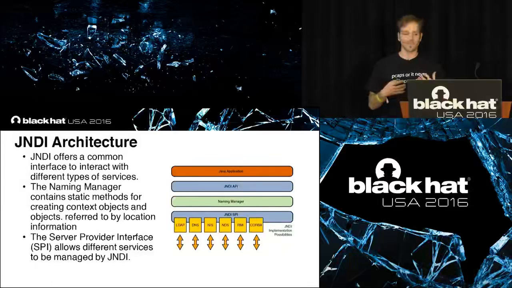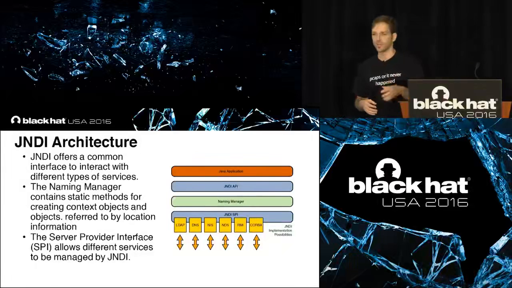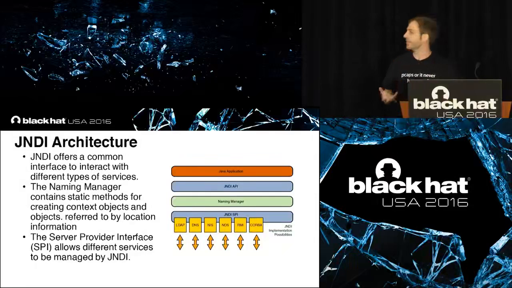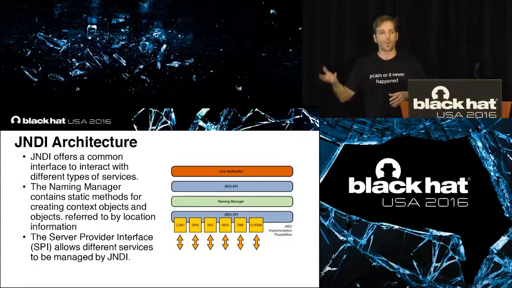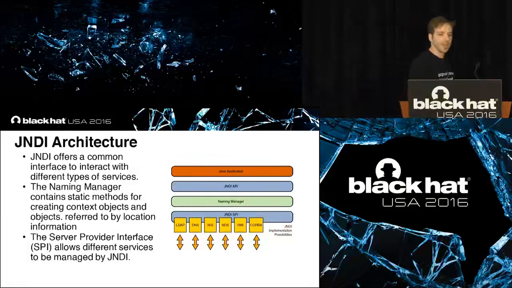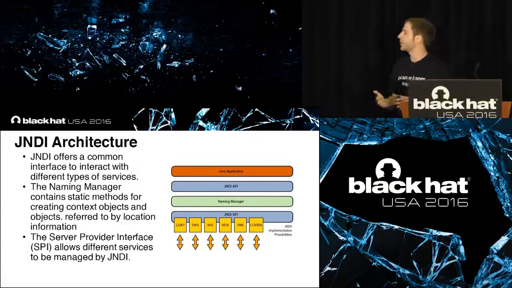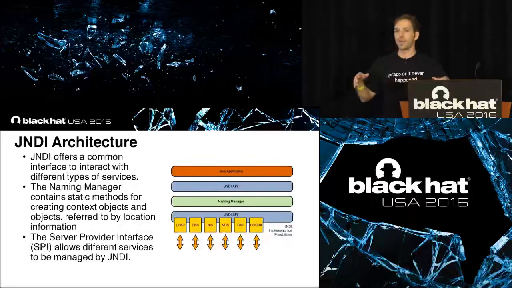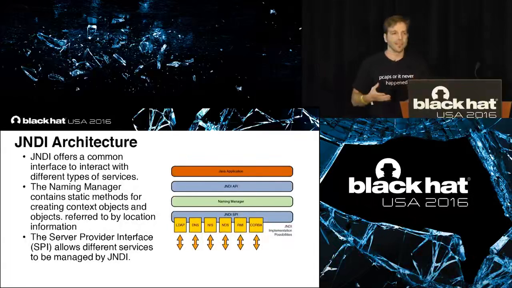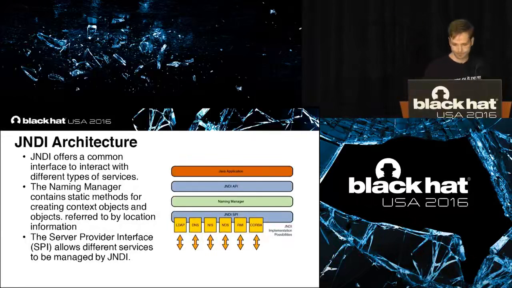And then we have the JNDI SPI, the service provider interface. Here is where developers can plug in different providers, for example an LDAP plugin, DNS, RMI or CORBA. So basically, JNDI gives access to all these naming and directory services through the same common interface.